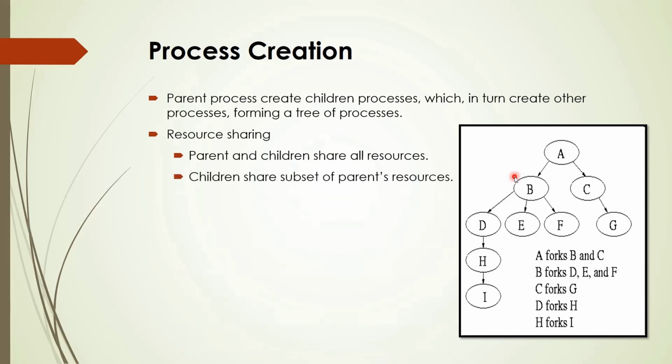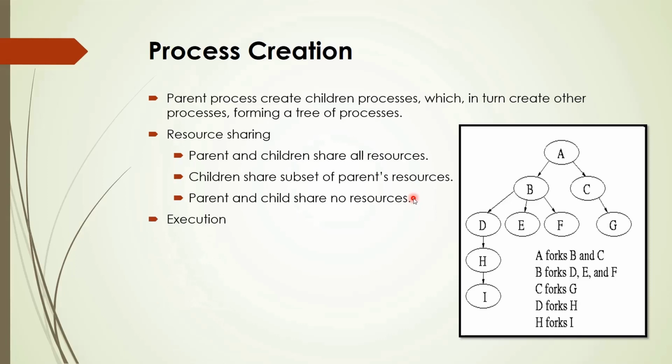In the second case, the child shares a subset of the parent's resources, that is, the child will not share all the resources of the parent, it will share only some of the resources. And in the third case, parent and child share no resources. So first case, all resources are shared between child and parent. Second case, only some of the resources are shared by the child from the parent. And in the third case, nothing is shared between the child and the parent. So these are the three possibilities of resource sharing.